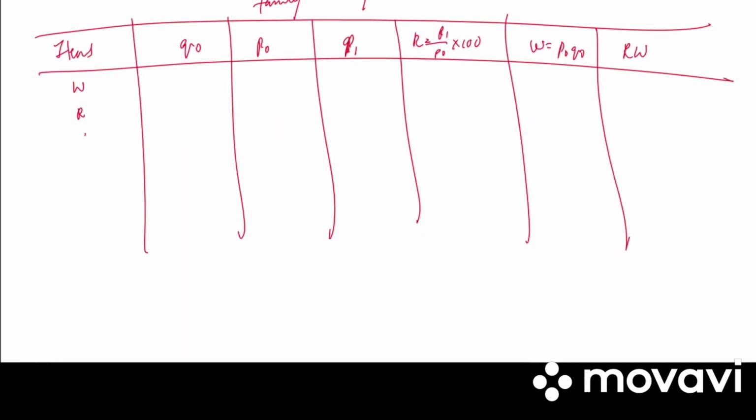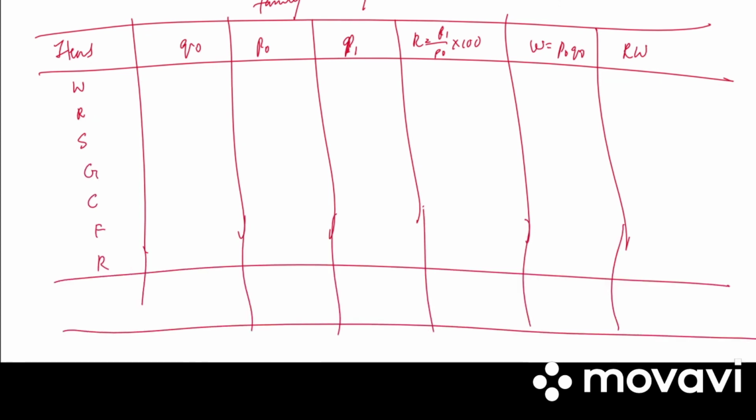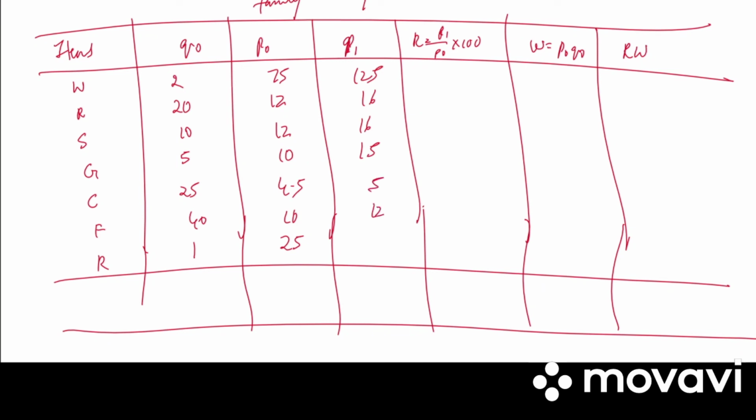Wheat, rice, sugar, ghee, clothing, fuel and rent. Q0: 2, 20, 10, 5, 25, 40. 75, 12, 12, 10, 4.5, 10, 25, 125, 16, 16, 15, 5, 12, 40.